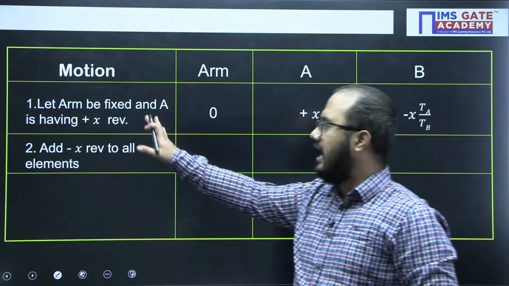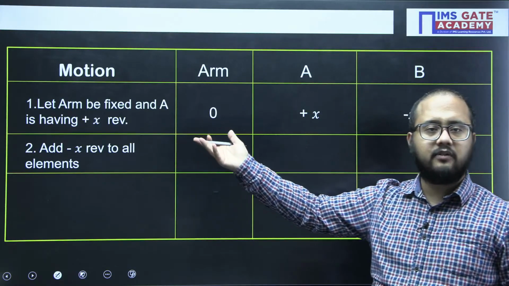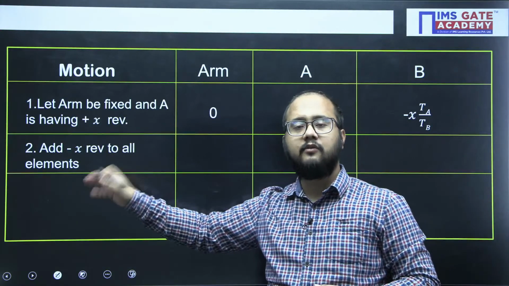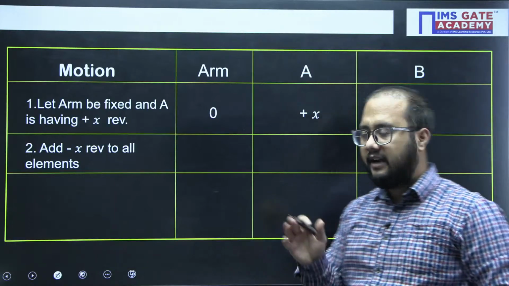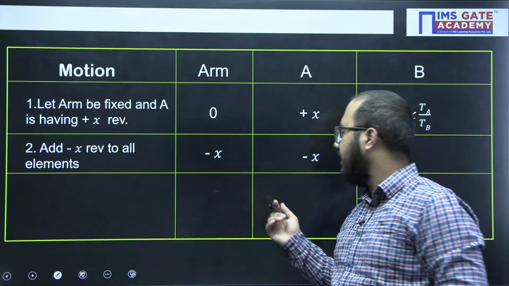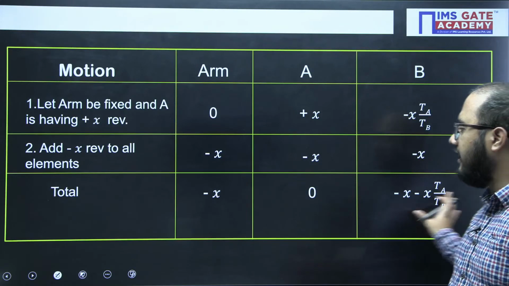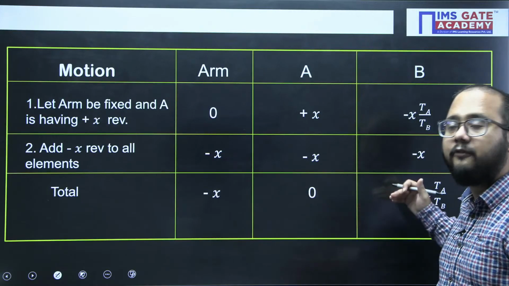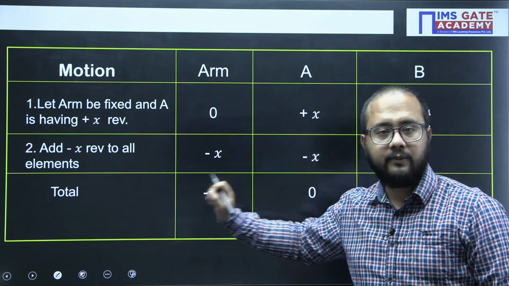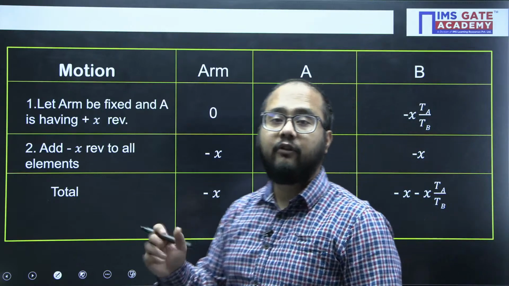So, step 1: arm fixed, and any gear will have a plus x revolution, then give minus x revolution to all the elements. And why are we doing so? Because for whatever the fixed gear is, the finally resulting answer should be 0. The last step will give the different relationships. From the last step we are getting the relationship between the different gears.